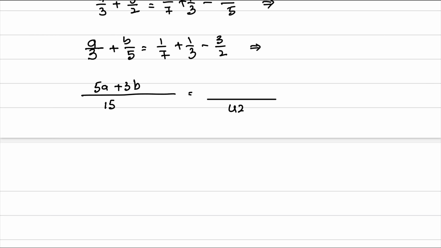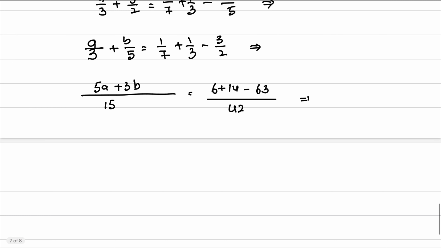Because with 42, 7 sixes are 42, plus 3 fourteens are 42, minus 21 into 3 is 63.